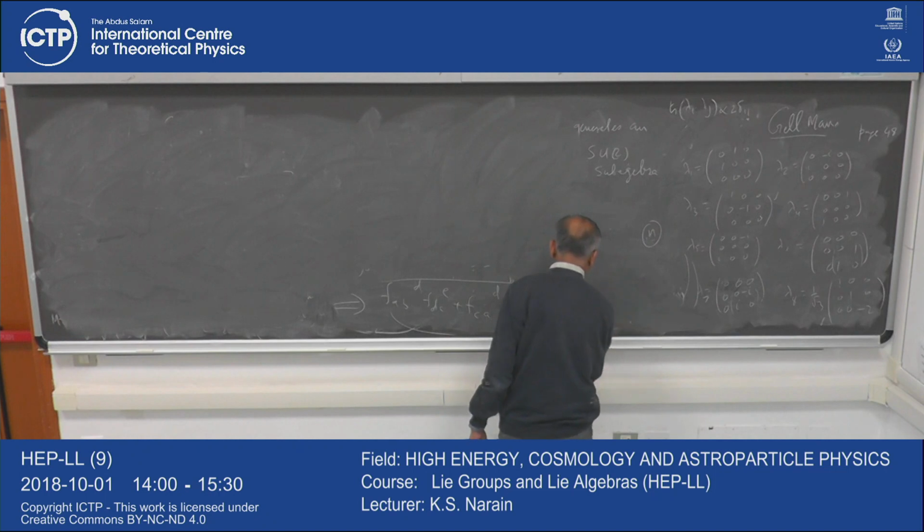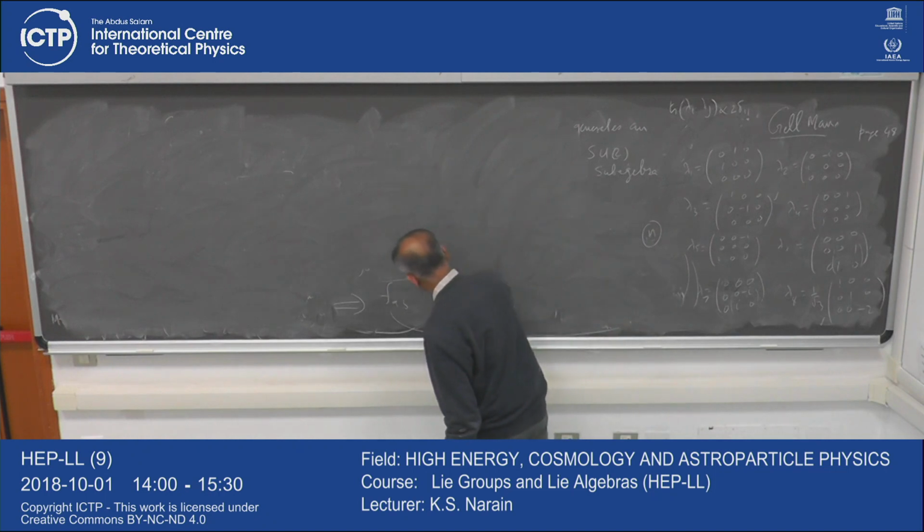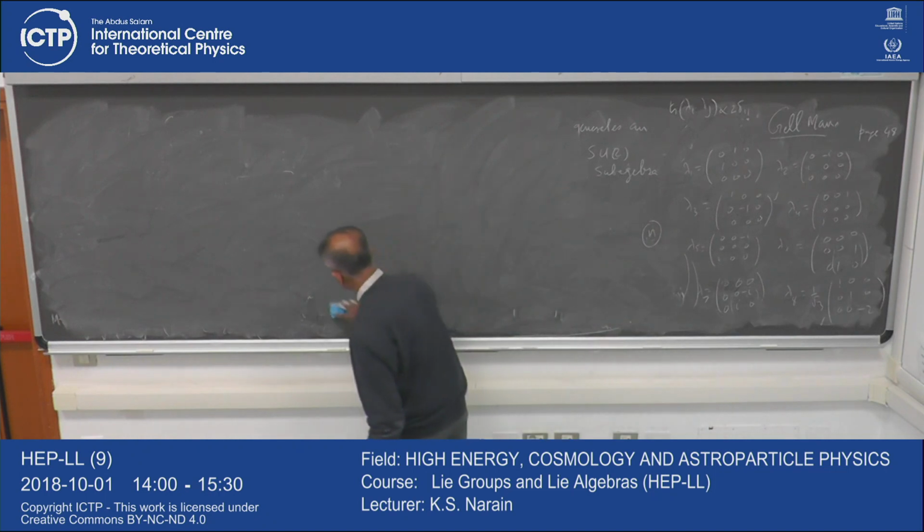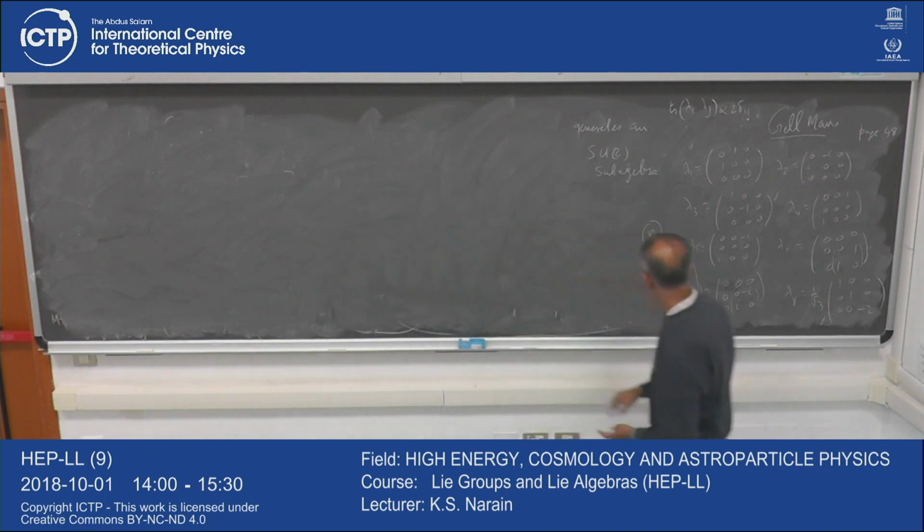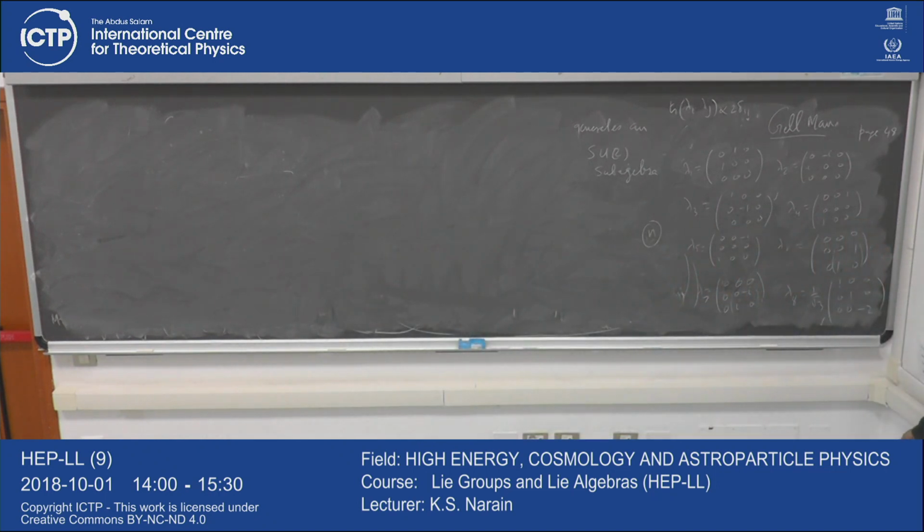Okay, so now let's see. We choose the Cartan subalgebra. Well, it's easy to see the Cartan subalgebra, meaning maximally commuting. First of all, if I just look at this set, the diagonal matrices are going to commute among each other, right? If you multiply two diagonal matrices, the order doesn't matter.